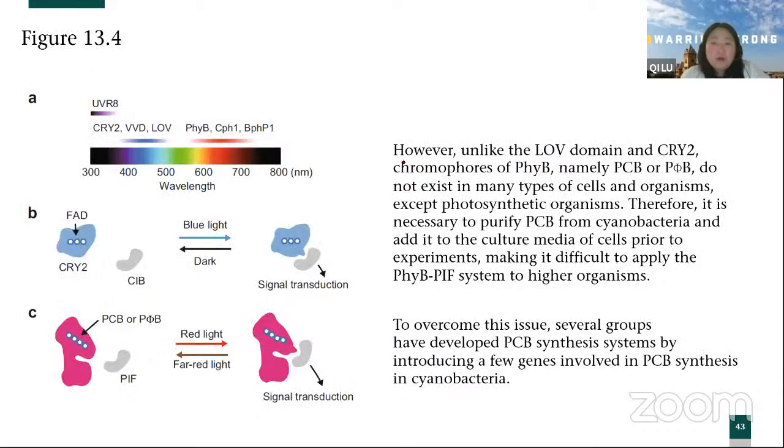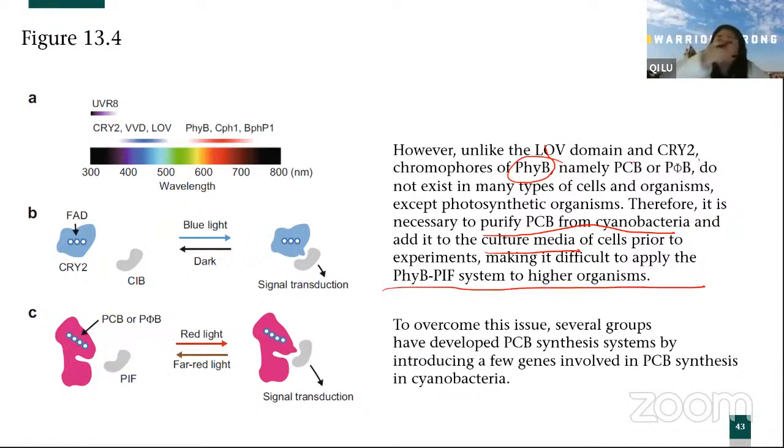Unlike the LOV domain and CRY2, the application of PhyB is limited because the cells cannot produce PCB by themselves, so you need to purify PCB and add it to the culture media. That makes it impossible to use this system in higher organisms like mice.